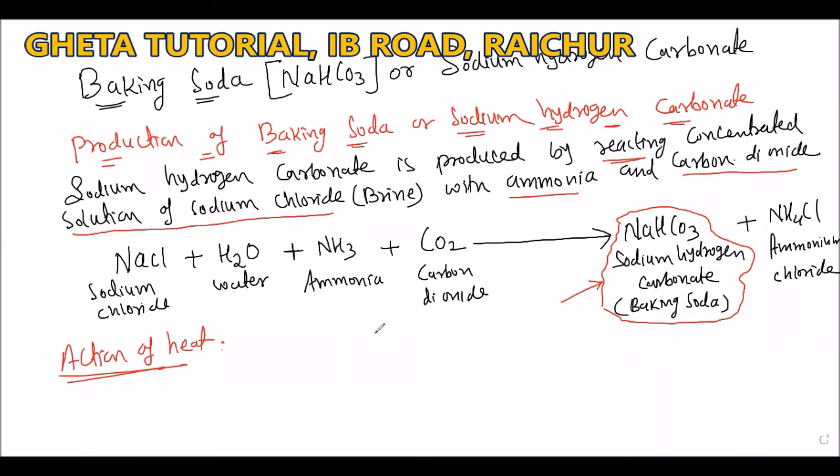So when we heat this sodium hydrogen carbonate, NaHCO3, we get one more product. That product is called what? Sodium carbonate plus carbon dioxide plus water. You know that bread and cakes are very fluffy, spongy and soft, because of which product?